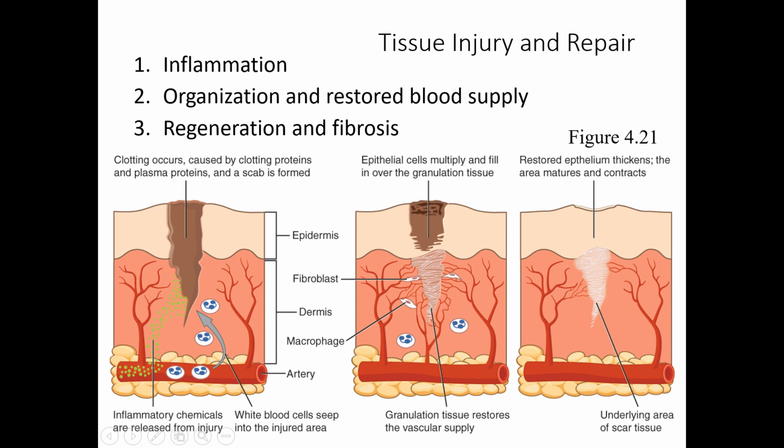That is granulation tissue, fibers and blood vessels. And finally, much later, epithelium is completely restored, that is a top layer of the skin. The scab is gone, and right here inside we have a scar tissue.